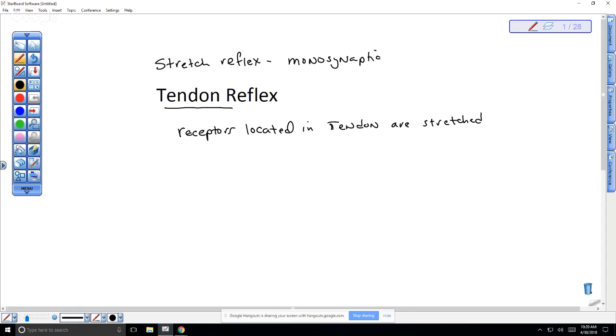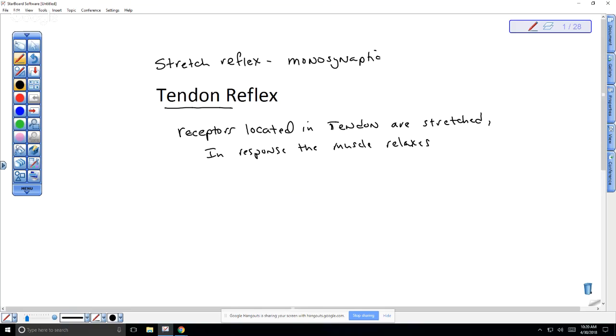So the response is that the muscle relaxes. So the muscle actually lengthens. And so instead of shortening and contracting, it actually lengthens.